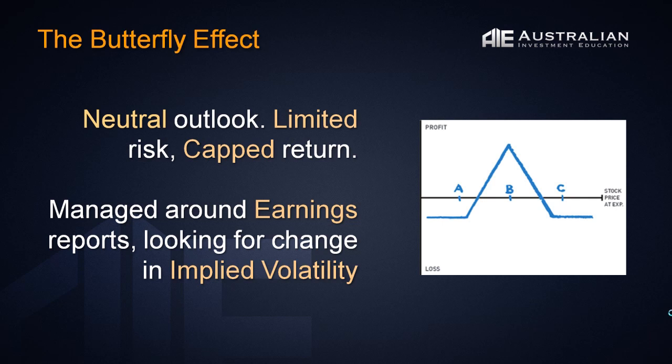Therefore, we'll be closing the position as early as possible following the earnings announcement. So once the earnings announcement occurs, the implied volatility drops. What we're looking to do is exit that position as soon as possible. We don't want to be running that all the way through to expiry, because that additional time, whilst time decay is working in our favour, the stock price could do anything. It could rally further, it could decline further, but it may not actually be trading in and around the sold strike.